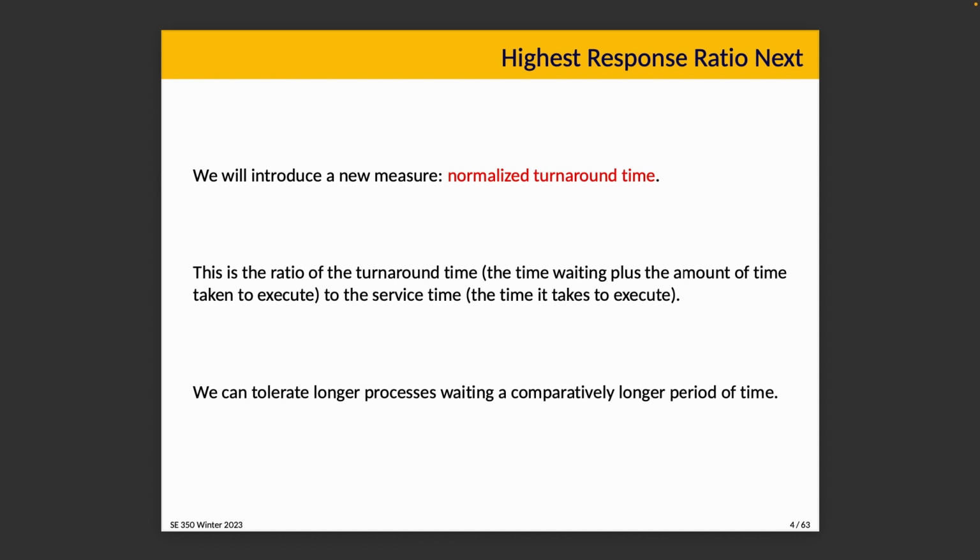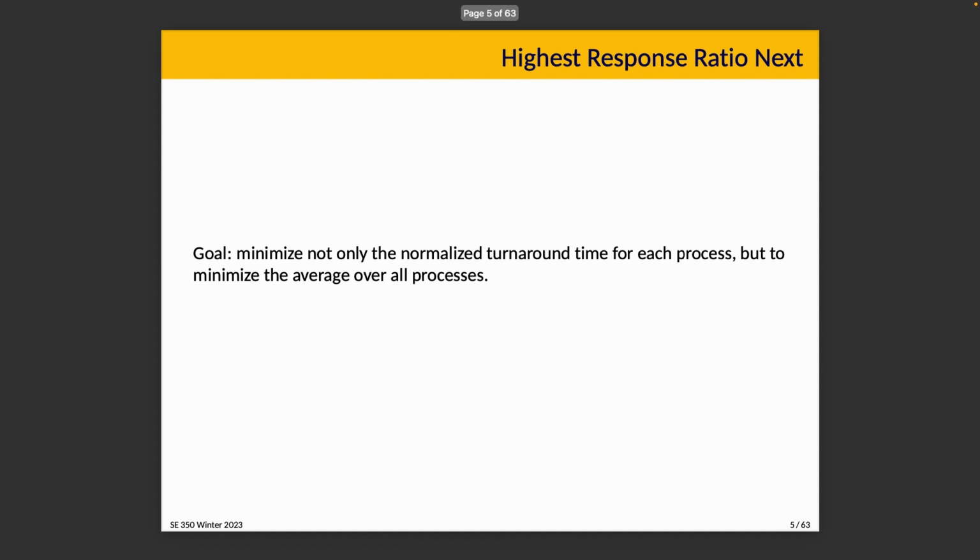So this sort of thing is important. We have this measure of normalized turnaround time, which helps us identify how far off target we are. The goal is to minimize the normalized turnaround time not only for a given process, but for all processes if we can.